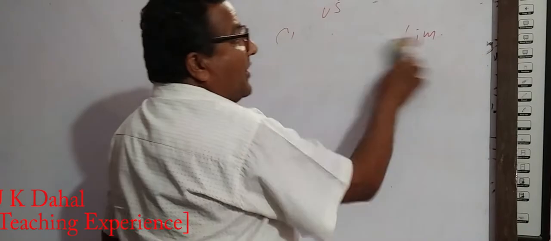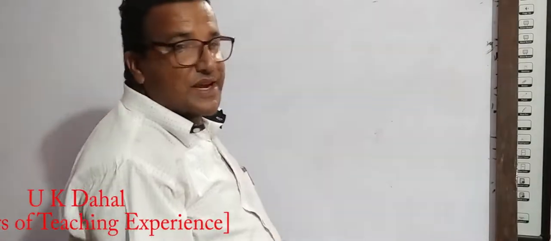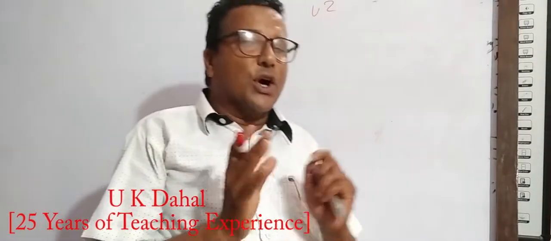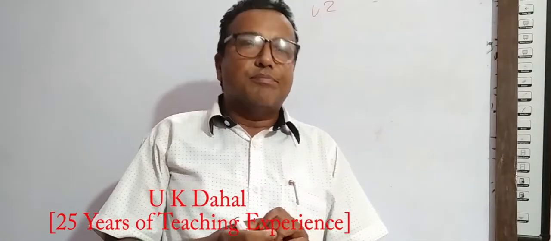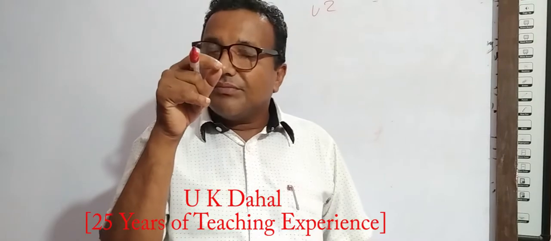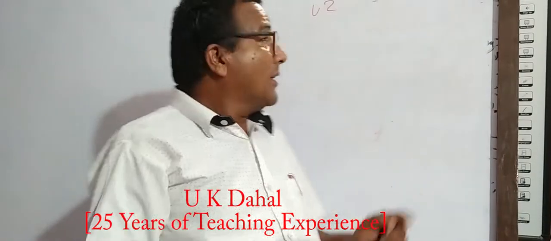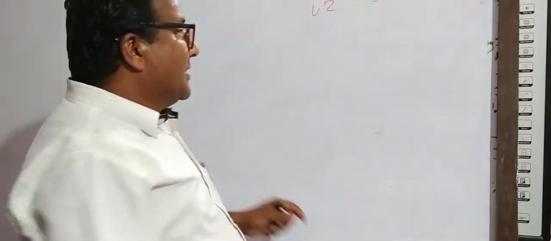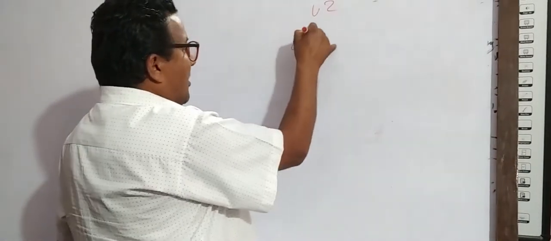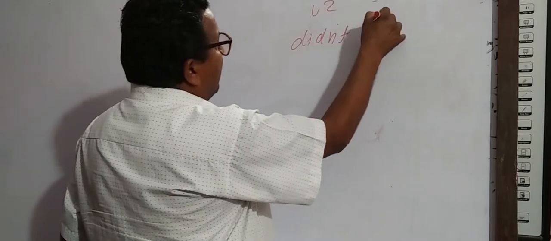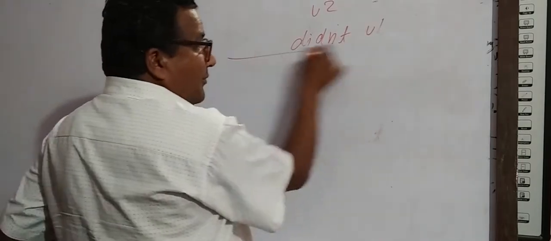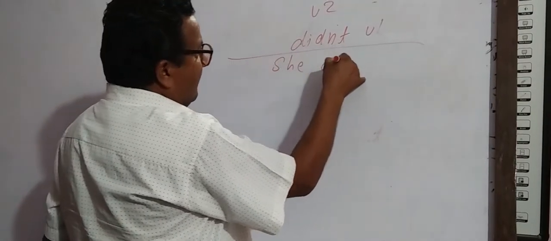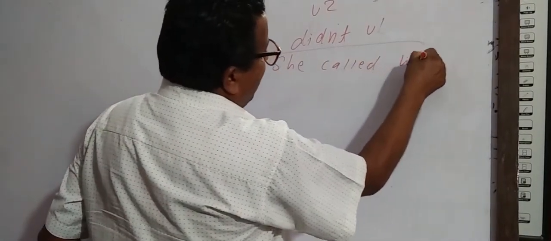In the fifth rule of negative sentences, if there is V2, meaning in the sentence there is no auxiliary verb and the main verb is in the second form, V2, then we have to use didn't V1. For example, she called me.